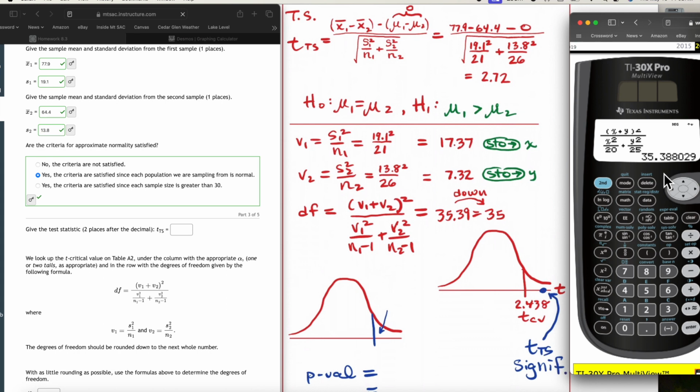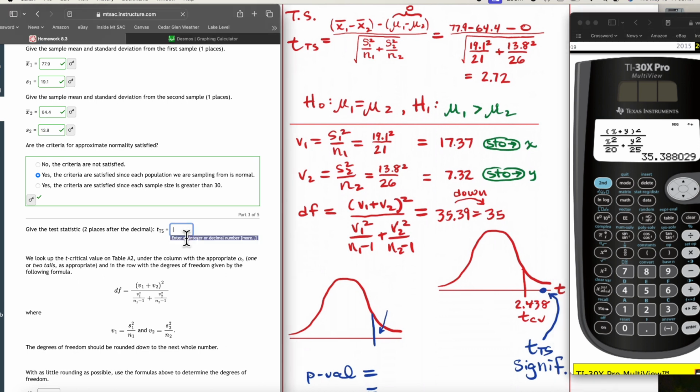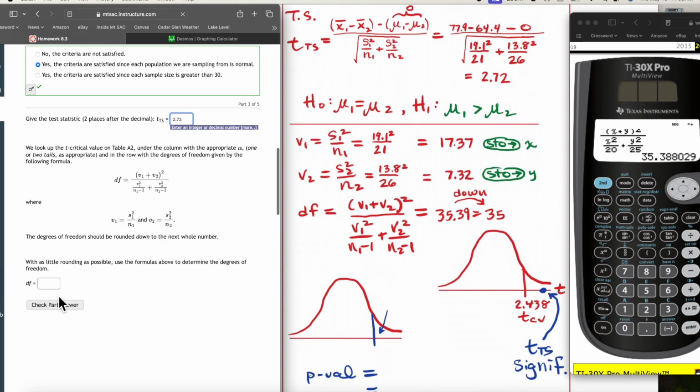Okay, and so let's see, we got an answer over here. The test statistic 2.72. We wanted 2 places, I guess. Okay, down here the degrees of freedom, let me check that. Correct, and so the degrees of freedom are 35. Checking that also.